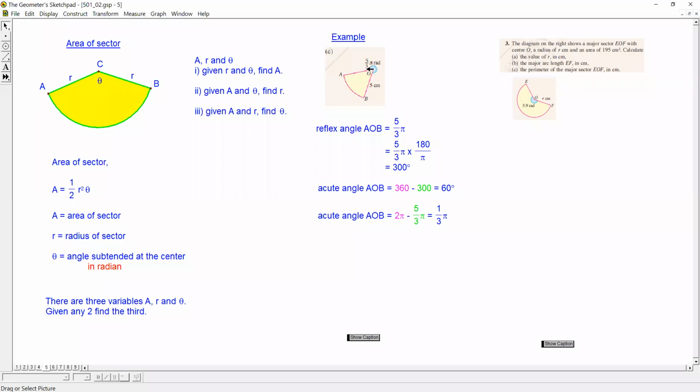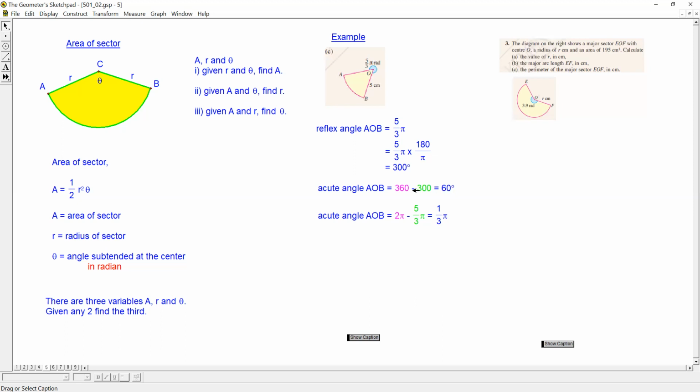You have to use 360 degrees minus the reflex angle, then you will get the acute angle. So the acute angle AOB is 360 minus 300, and the answer is 60 degrees.